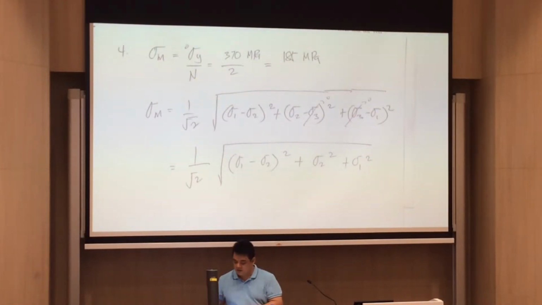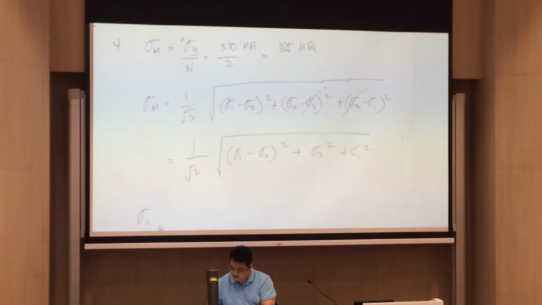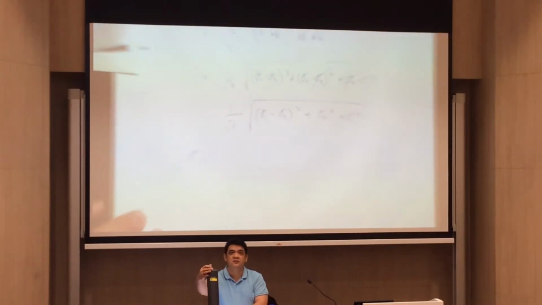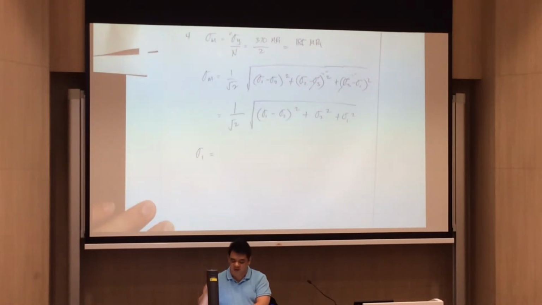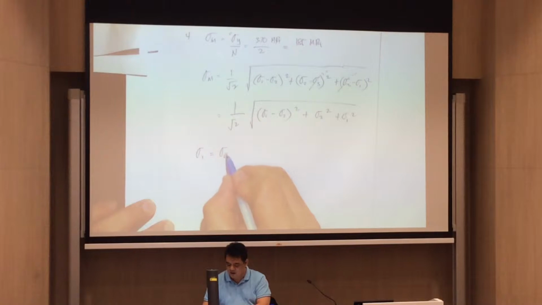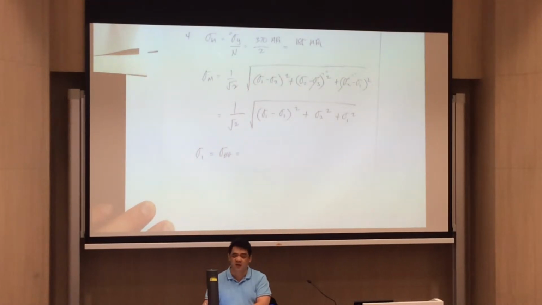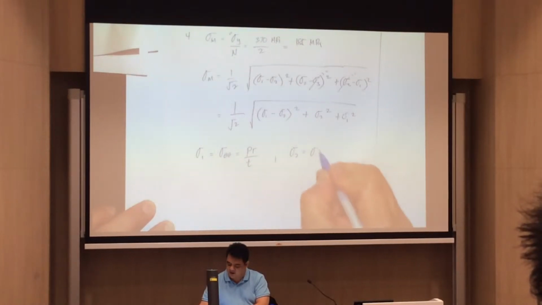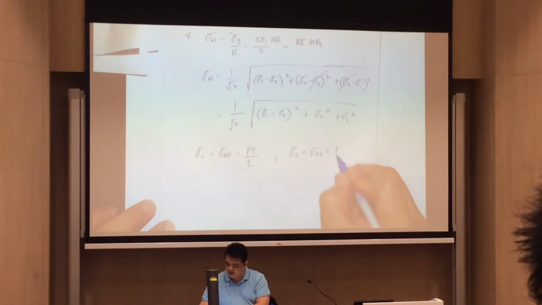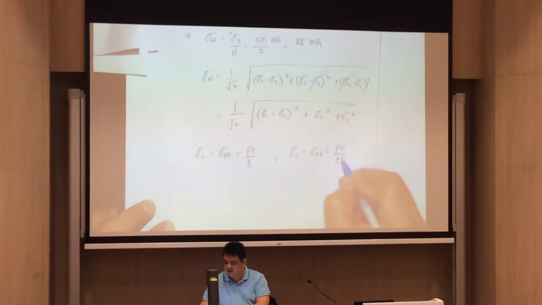We know that your sigma 1 is actually your hoop stress. We know that your principal stress for a pressure vessel is actually your hoop stress, your first principal. So this will be your PR all over T. And you know that your second principal is your longitudinal stress, which is PR all over twice the thickness.